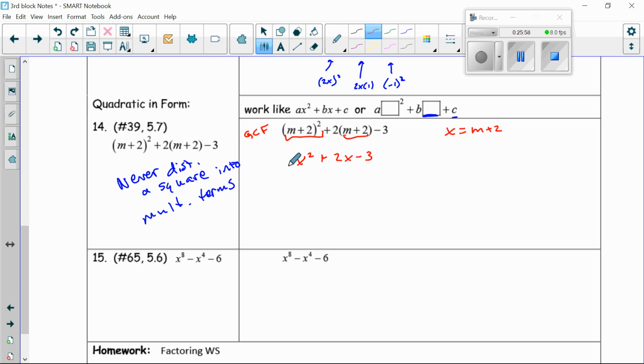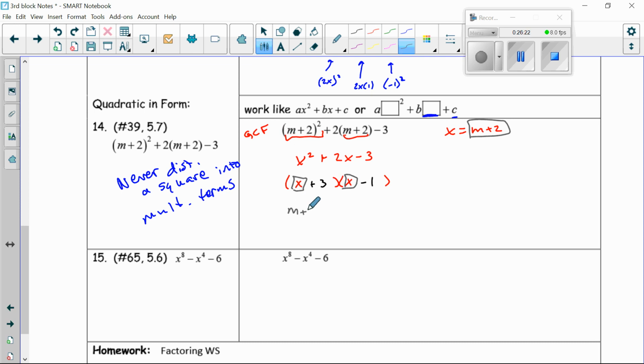Well, this factors like a regular trinomial. This becomes x, and what multiplies to negative 3 and adds to positive 2, we have plus 3 and minus 1. So that's factored, but my x was m plus 2. I want to go back in and replace both of my x's with what it actually is.